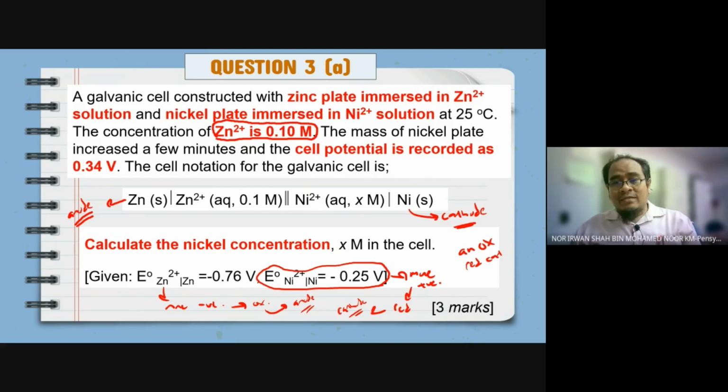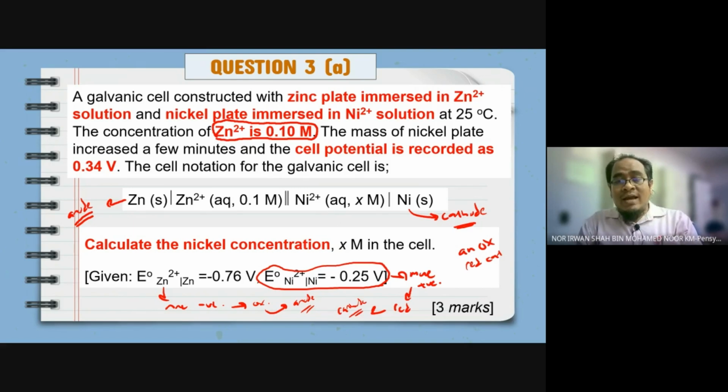Jadi ini jelas menunjukkan bahawa galvanic cell kita right now is not operating under standard condition. So dia adalah non-standard condition. Dan disebabkan dia beroperasi under non-standard condition, bacaan dekat voltmeter pada galvanic cell ini bukan memberi bacaan E0 cell, tetapi dia akan memberi bacaan E cell.